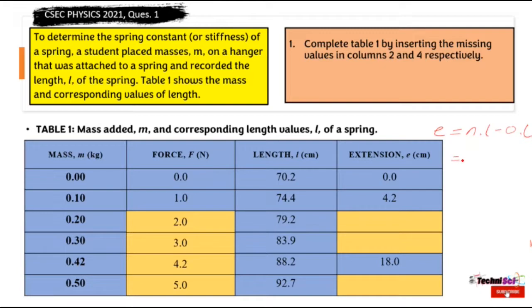The new length is 74.4, and I would usually put centimeters, but my spacing is not adequate for that, and 70.2 there. So 74.4 minus 70.2, we get 4.2 centimeters, which is what is there. And so we will just continue and complete the table.